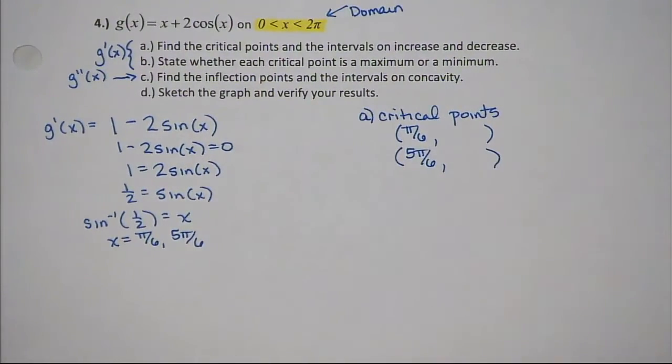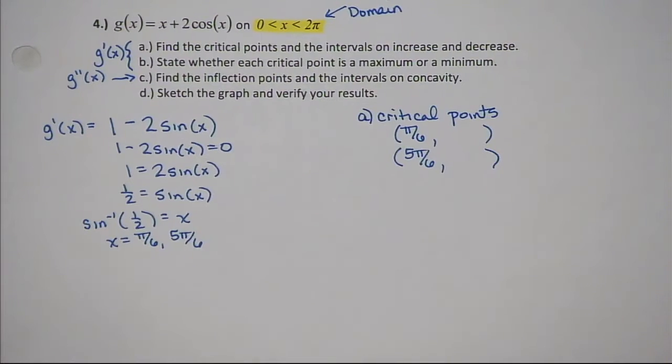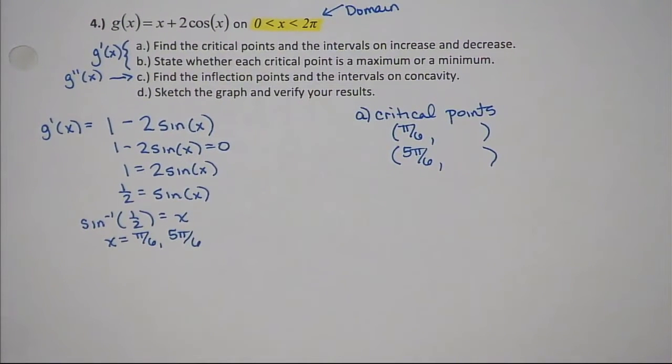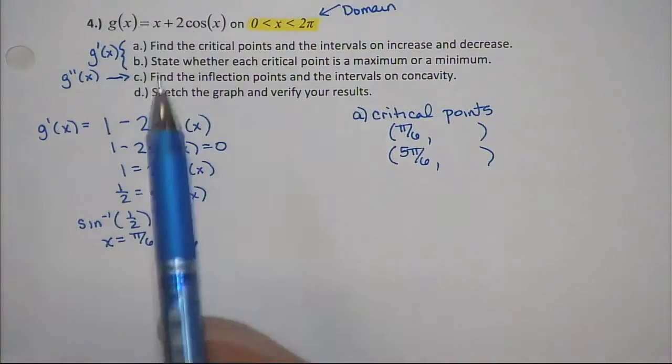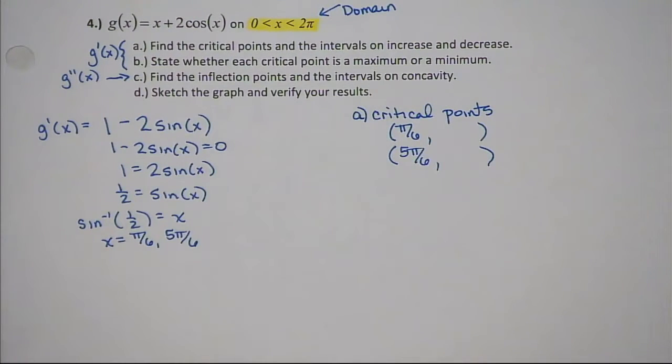So I got to give the point. So where do I plug in those values to always get y? Original function, right? All right, so I'm going to put these in y equals because we're going to be using them quite a bit. Make sure your calculator's in radians. So I'm going to put in x plus 2 cosine of x.